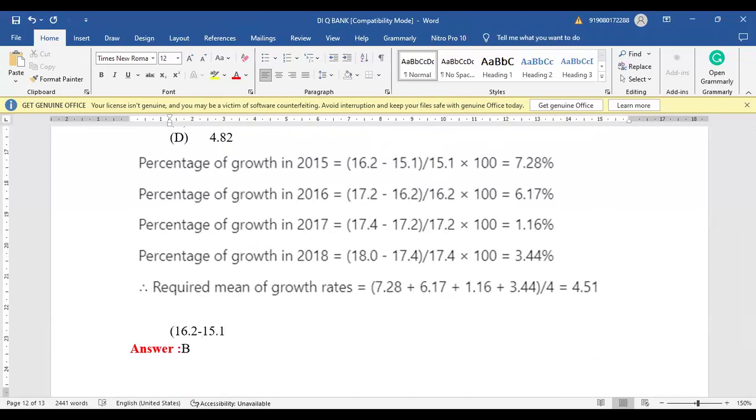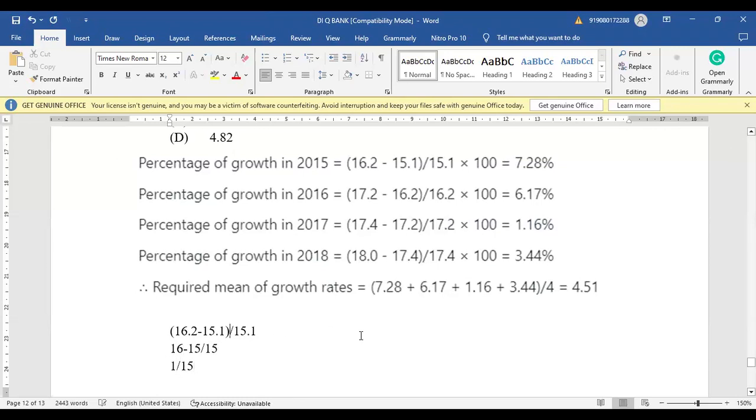I'm not using any pen papers. Just mind calculation. You need practice, nothing else. Divided by 15.1. I take it as 16 minus 15 divided by 15. Approximation technique. I cancelled all the decimals. Okay. Now I get 1 by 15.